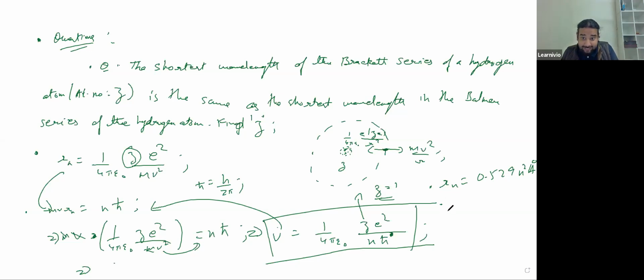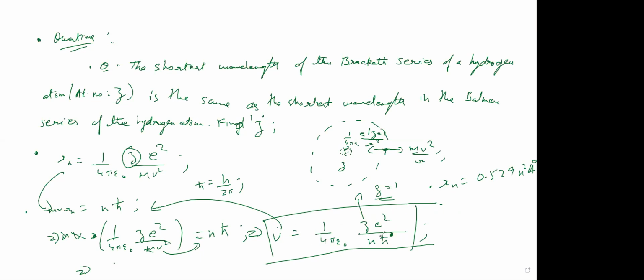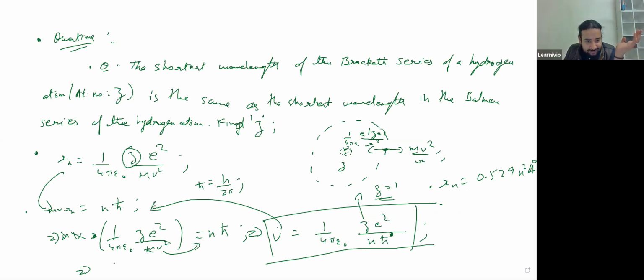But if you have a Z, how would that change? Will it be Z times this or Z squared times this? What will be the function? Any idea? Just substitute this back and see what happens. Take this value of v, 1 by 4 pi epsilon naught Z e squared by n h cross, and put it in either this equation or this equation, whichever you think will be better. Either works.